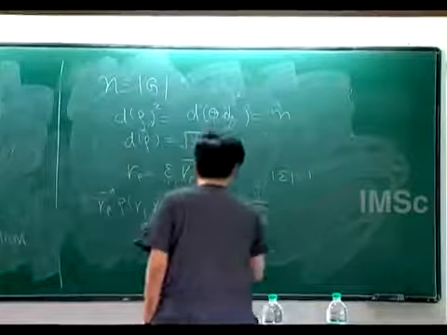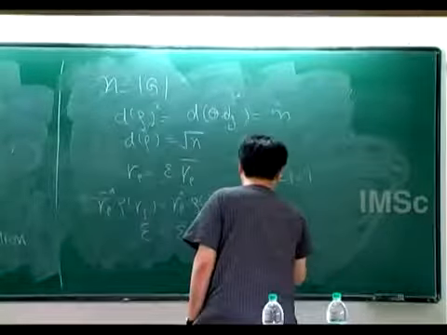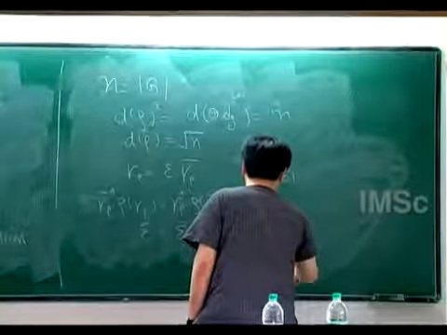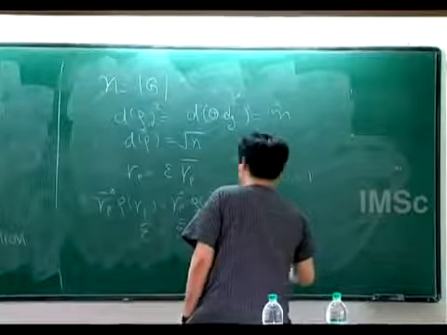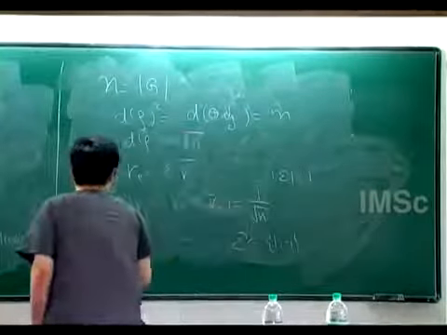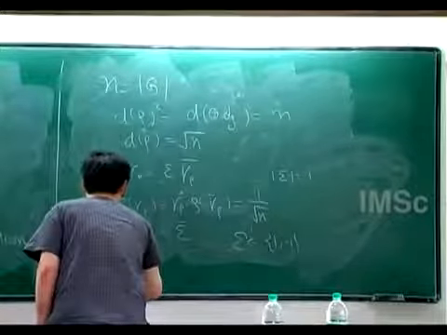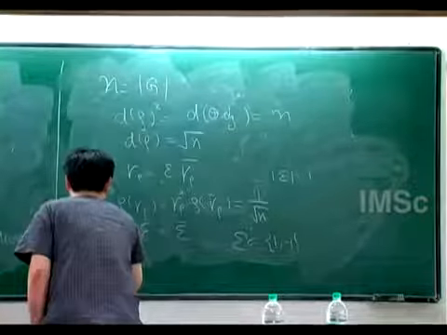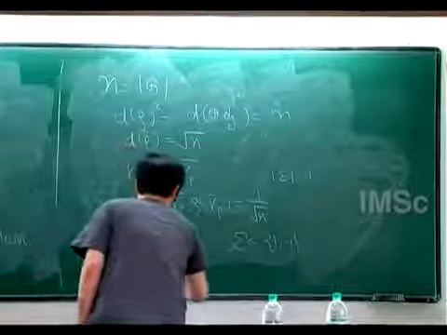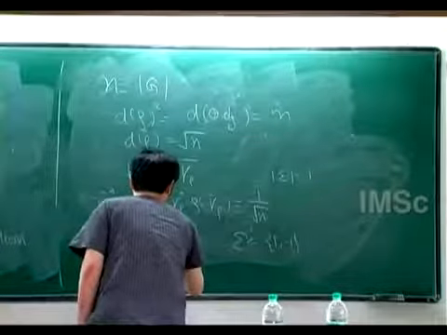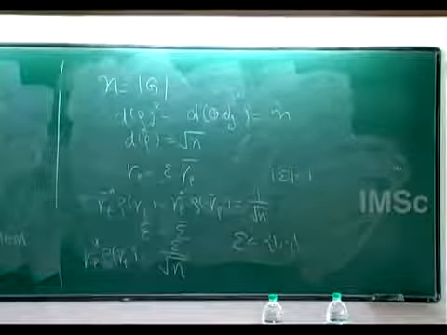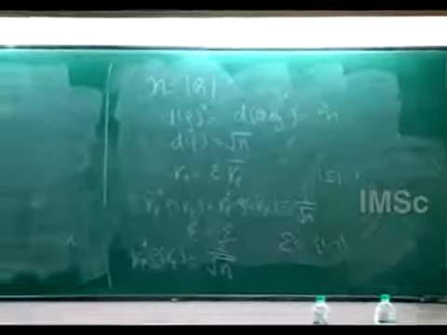So epsilon is either plus or minus 1. And we have this relation. This is a square root of epsilon. And that ambiguity, the choice of the square root, corresponds to that.